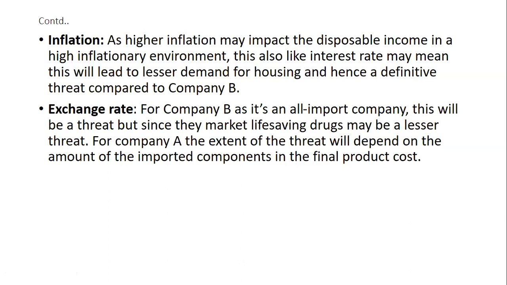Therefore your demand for apartments and so on will be deterred, or it will come down. So when inflation is high, you will not demand, because your existing costs are higher, the cost of living is higher.